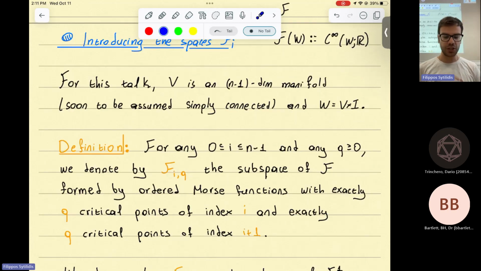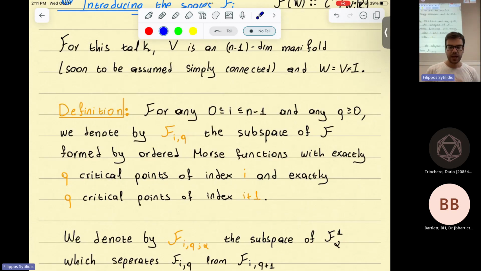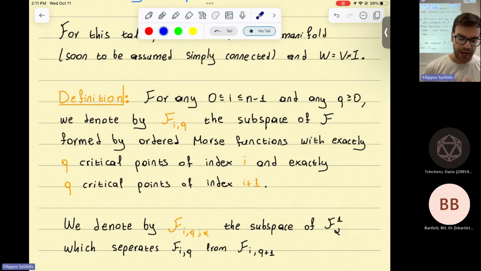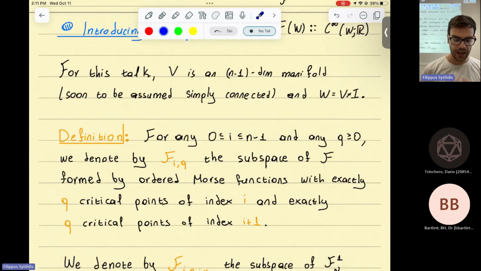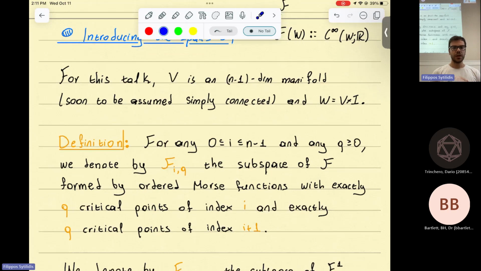And the first definition that I want to give is basically if you choose any i between 0 and n-1, and you also choose any non-negative integer q, I'm going to denote by F sub i comma q this subspace of curly F, which is formed by all ordered Morse functions with exactly q critical points of index i and exactly q critical points of index i plus 1 and nothing else.